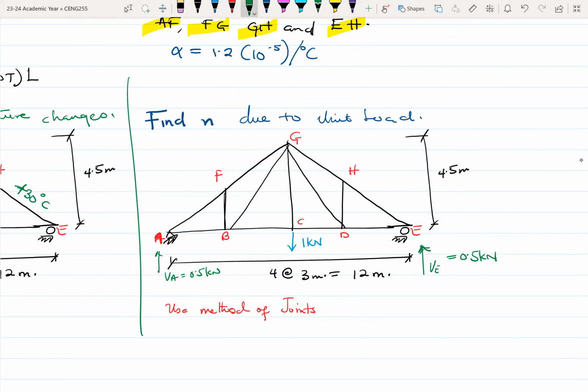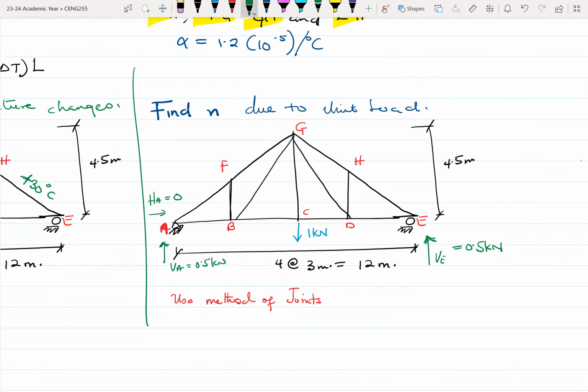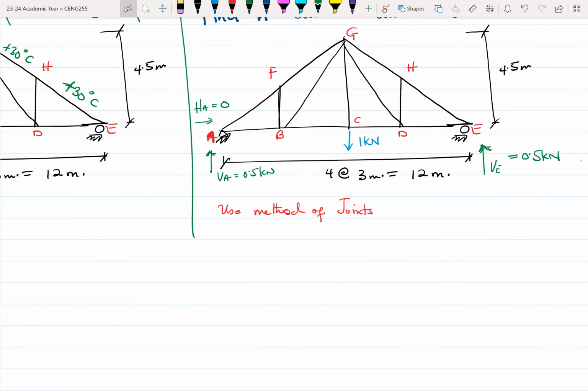HA is 0. If we got to do the calculation, I will only properly do about 2 of the members, and then the rest can easily be done by us.